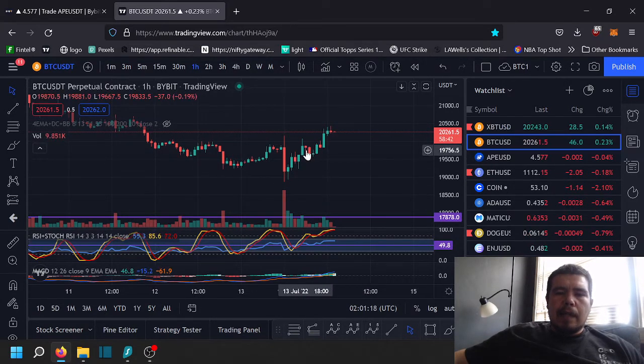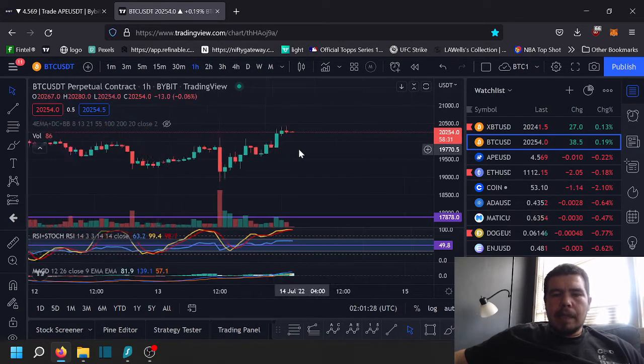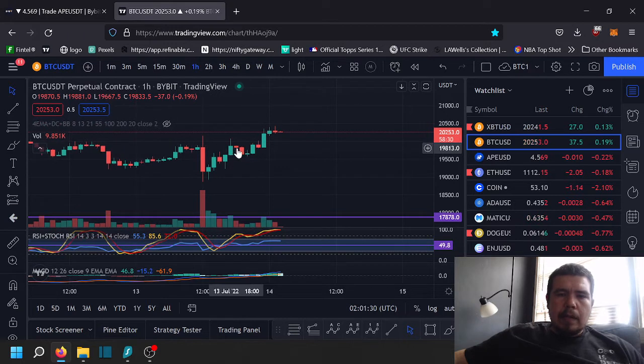And if you guys see here, we have two wicks here on the 1 hour chart, which represents that it went below the current previous wick, right? So if this candle is red, right, and it fell below the price of the previous candle, which is lower, it will also represent red. So if you guys see here, it's a tiny little wick.